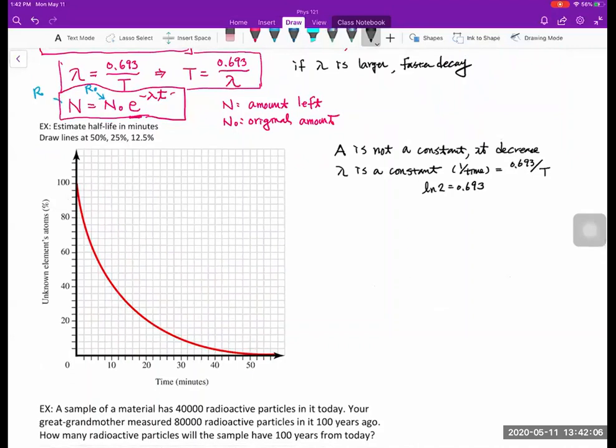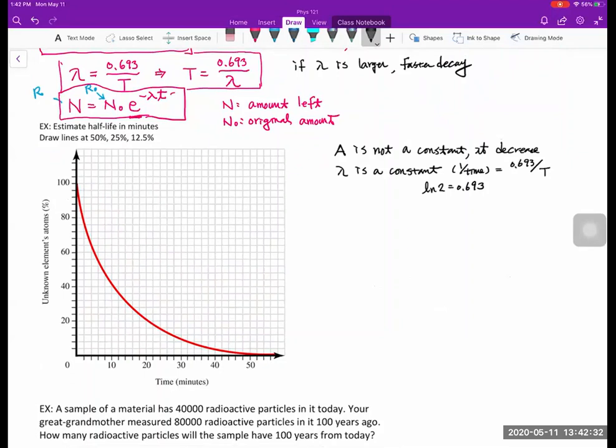Now here we have a graph. They didn't tell you the half-life, and they didn't tell you what lambda is. They only give you the graph, which shows how much of the material remains after a certain time period. Can you estimate the half-life of this material?